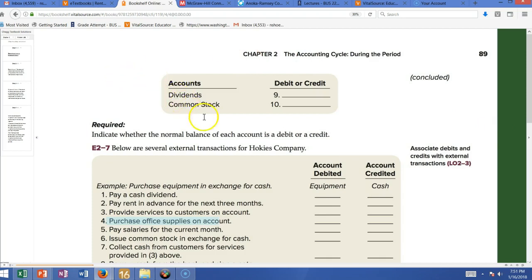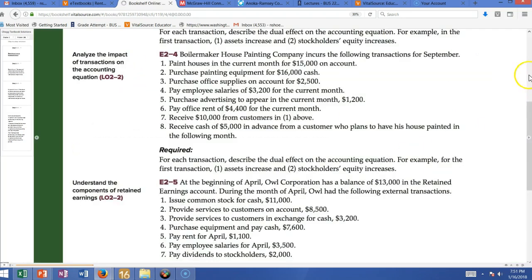Okay, indicate whether the normal balance of each account is a debit or a credit.